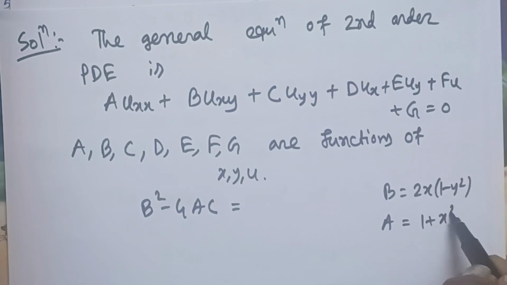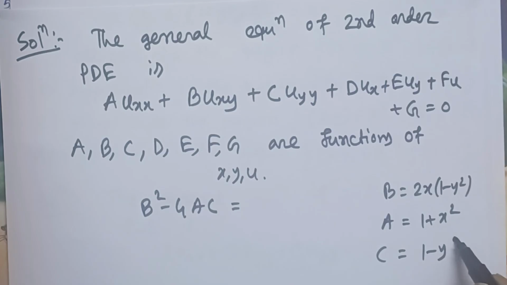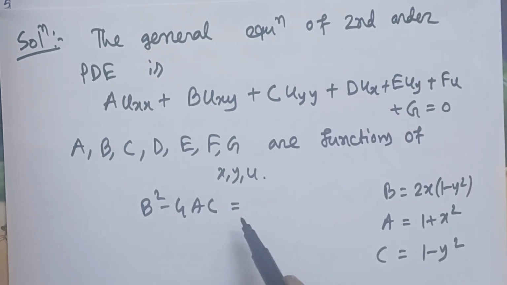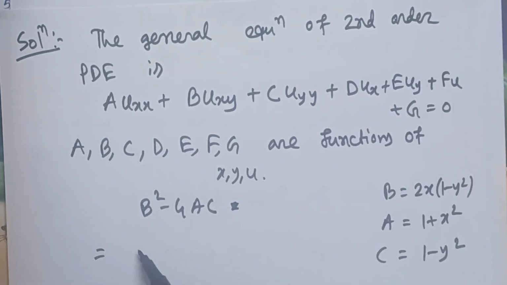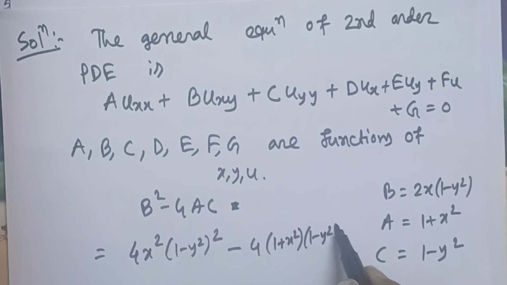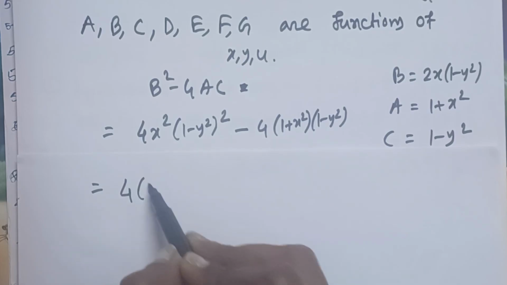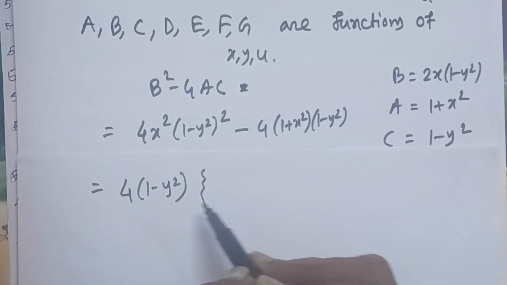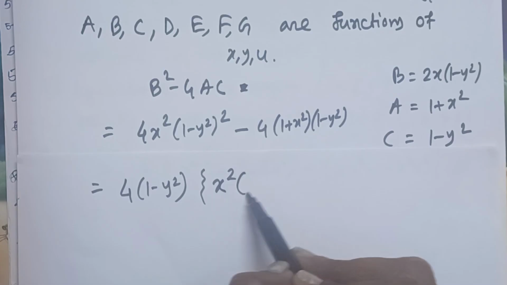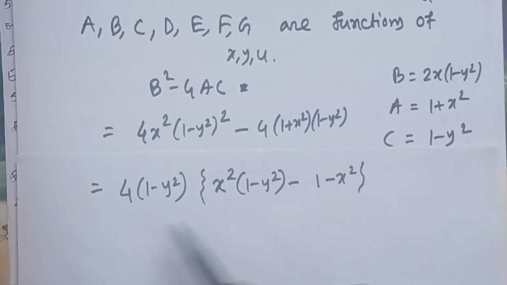So now we will calculate b square minus 4ac. B equals 2x into 1 minus y square, a equals 1 plus x square and c equals 1 minus y square. Then this is 4x square into 1 minus y square minus 4 into 1 plus x square into 1 minus y square. If you take 4 into 1 minus y square outside, as it is common, we are left with x square into 1 minus y square minus 1 minus x square.